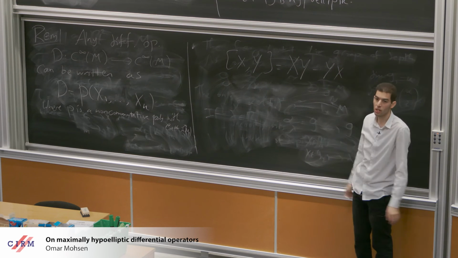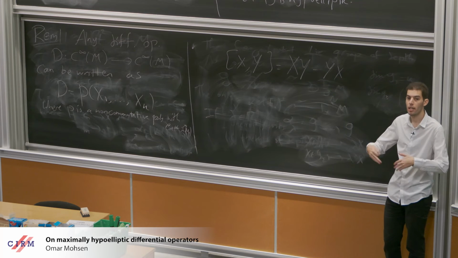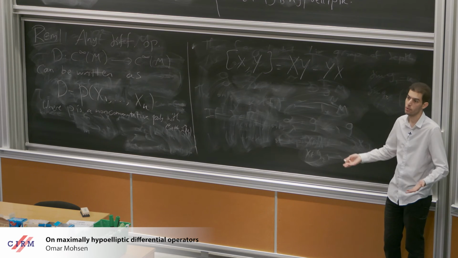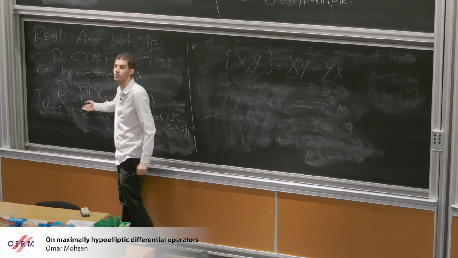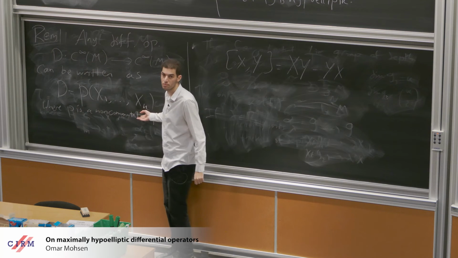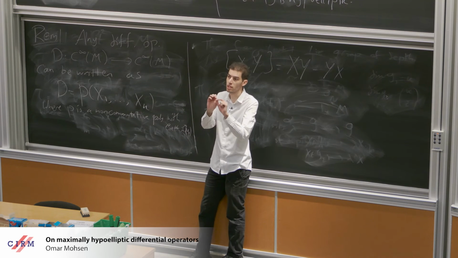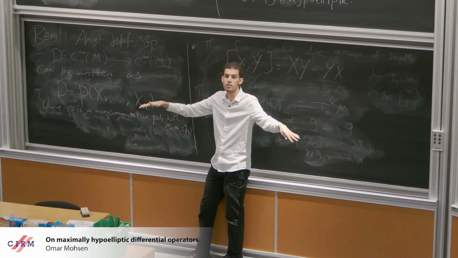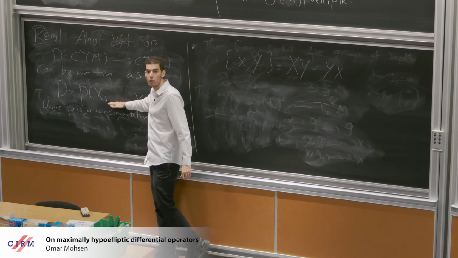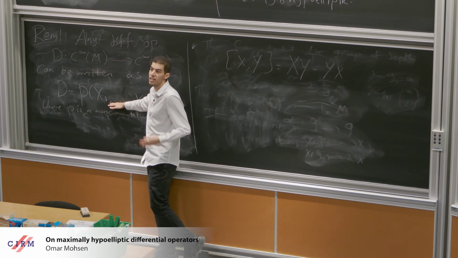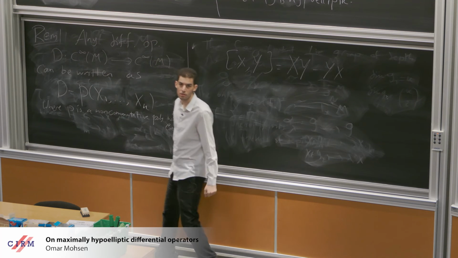So by definition, a commutator is a polynomial in the vector fields. Iterated commutators are also polynomials in the vector fields. And so Hörmander's condition tells you that any vector field, you can write it this way, if you allow coefficients in C infinity of m, because Hörmander's condition gives you bases, and then you linearly span them. But any differential operator is a polynomial in the vector fields. And so you are done.